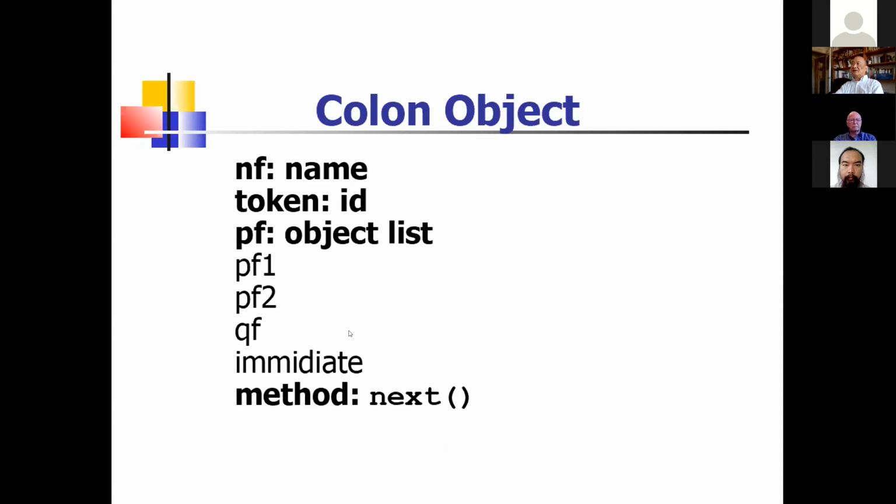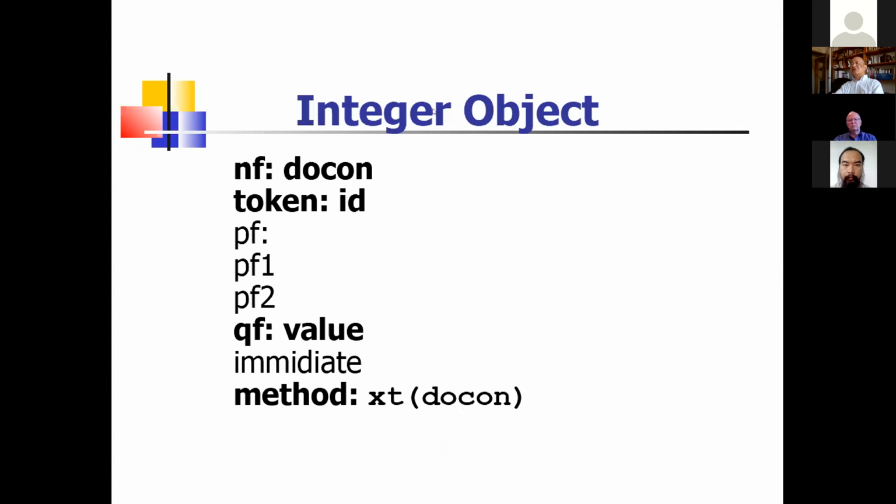For integers, like constants, you have an object which executes do_com, and do_com picks up the value and returns the value in the QF field.